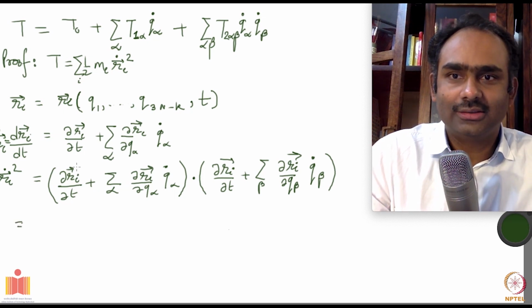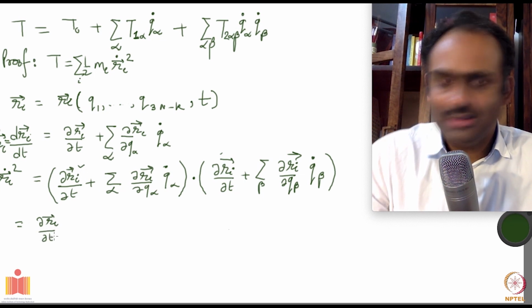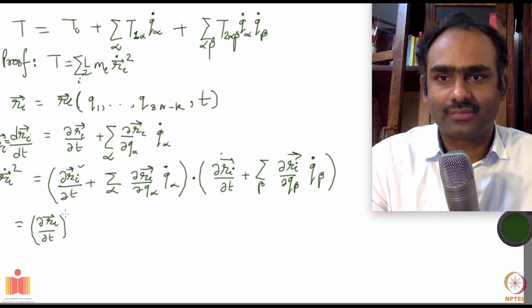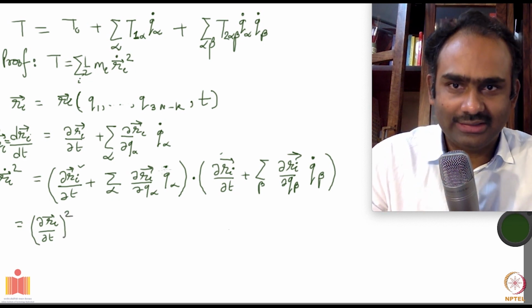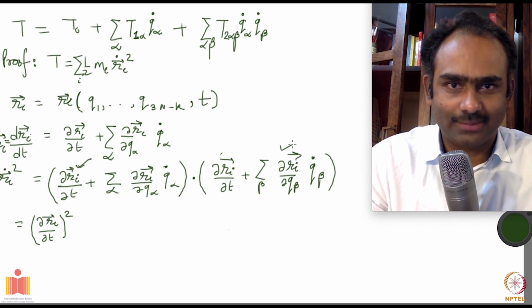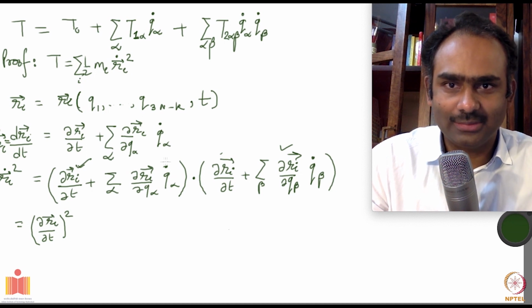So I take a dot of this with that, which is easy: del r_i over del t, squared. Then I will take a dot product of this piece with this term, and you will have another similar term coming from this one and this one.